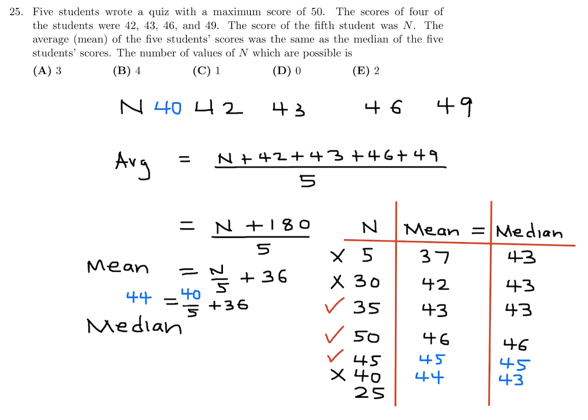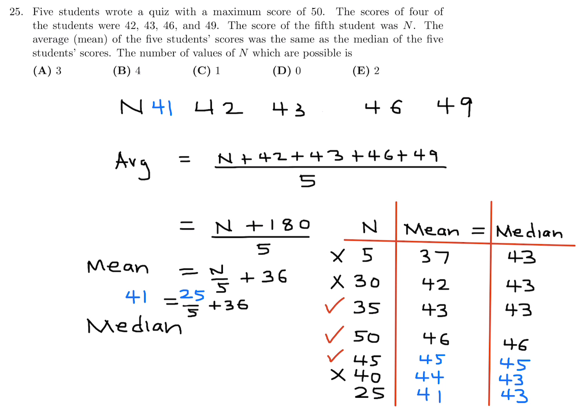But let's just try 25, just to be thorough. It's certainly not going to be a correct answer choice, but let's just see. If it's 25, we've got 25 divided by 5, which is 5. 5 plus 36 is 41. So that means my mean is 41. 41 goes here, and therefore my median is 43. So there you go.